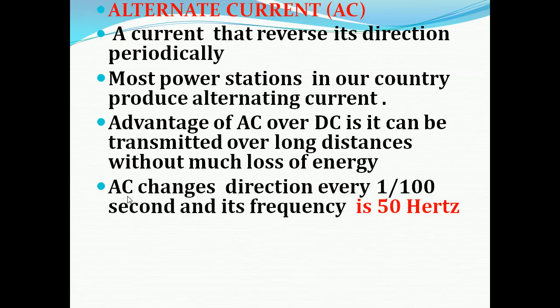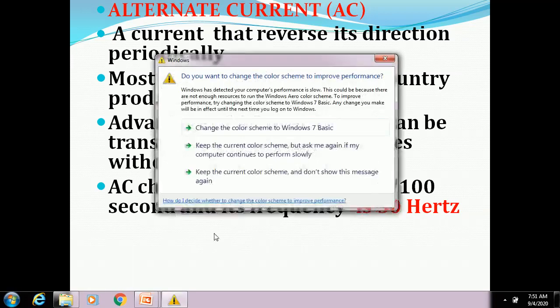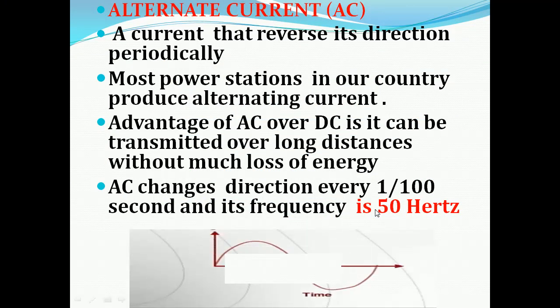As I have told, the alternate current will reverse its direction periodically. It will change its direction every 1 by 100 second, and its frequency is about 50 hertz. So alternate current means a current which reverses its direction periodically.